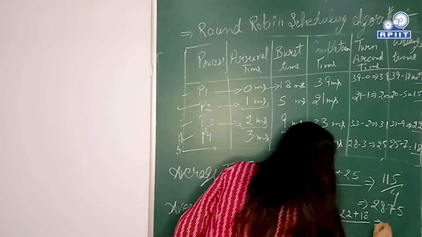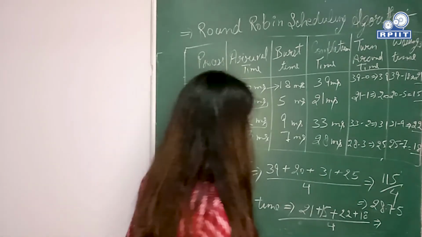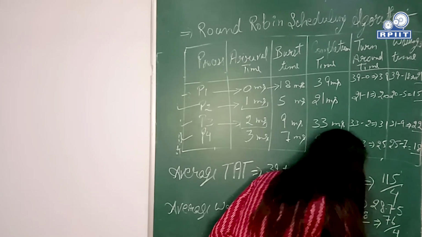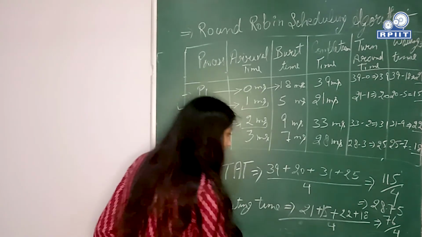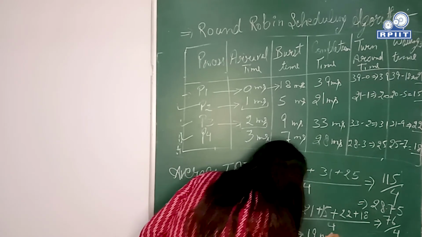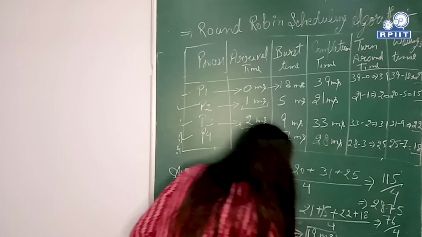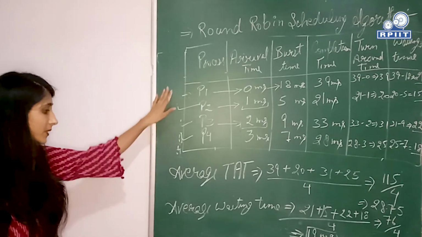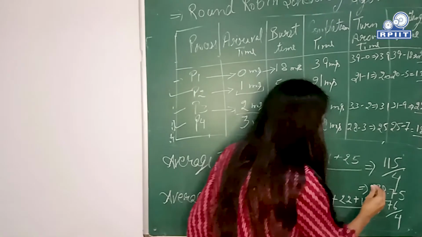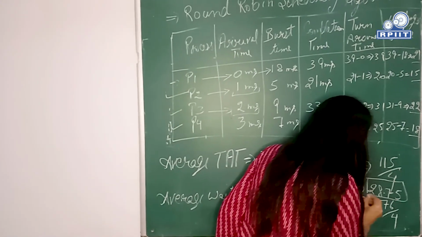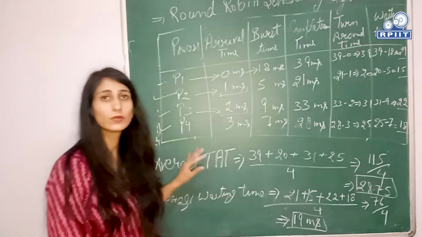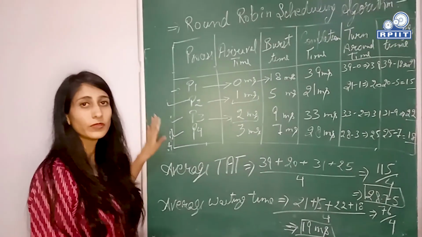Here we have 76 divided by 4. Here we have 19 milliseconds. Average waiting time of all these processes is 19 milliseconds, and the average turnaround time of all these processes is 28.75 milliseconds. That is how we can calculate round robin scheduling.